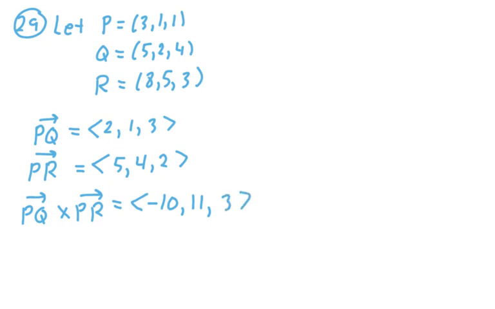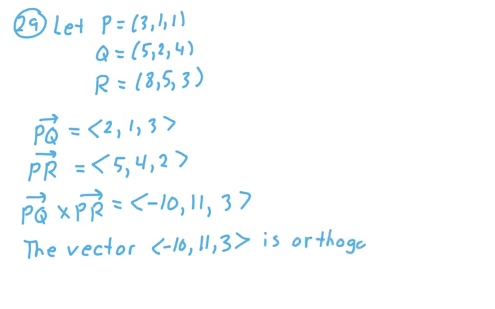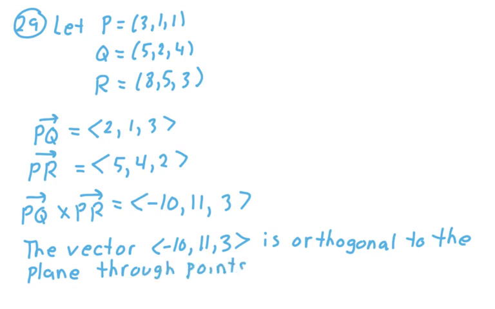Now, the vector (-10, 11, 3) is orthogonal to the plane through points P, Q, and R. Okay.